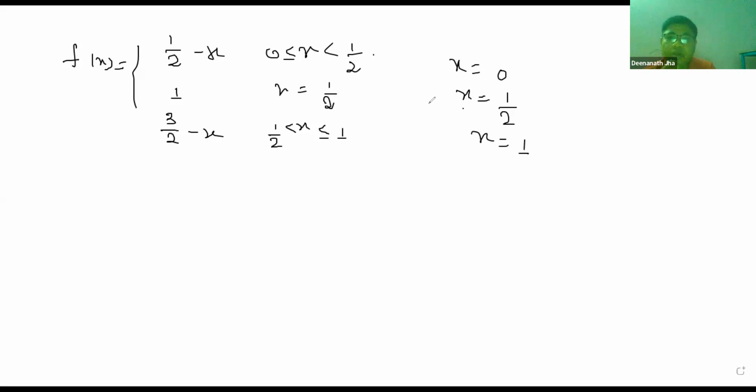Very good. Because for any continuous function, you have to give that it is less than, greater than, and equal. So you have to check at x is equal to 1 by 2, whether it is continuous or not. Check it fast and tell me.